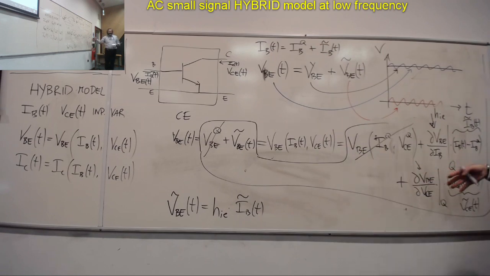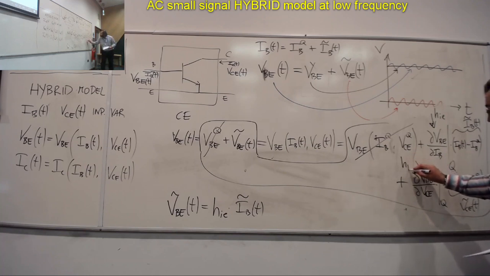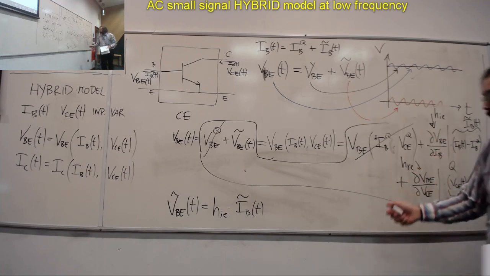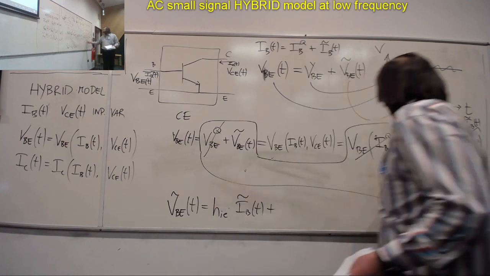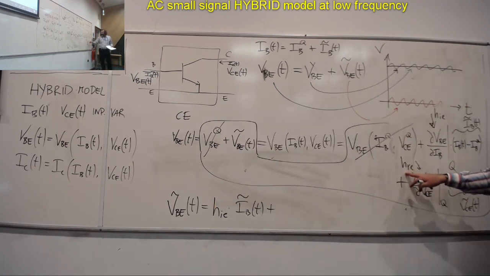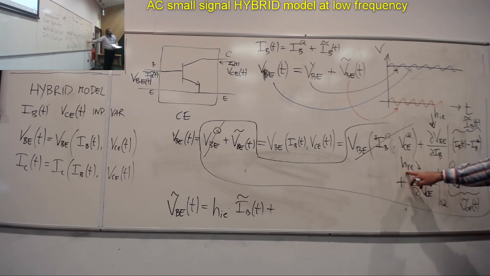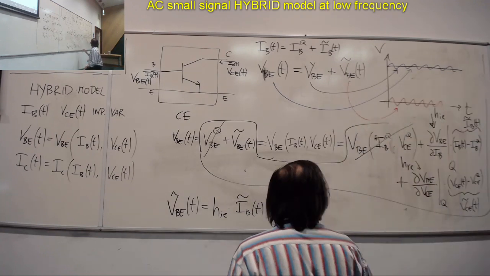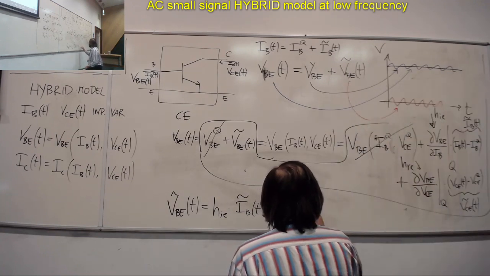It is indicated by HRE: R for reverse, E for common emitter. This is adimensional because it's voltage over voltage. It's generally very small, around 10 to the minus 4. We will make a table at the end with all these values. HRE times VC.